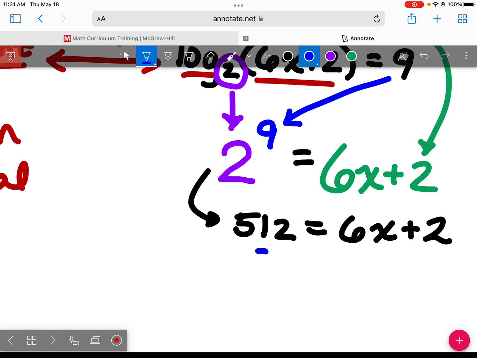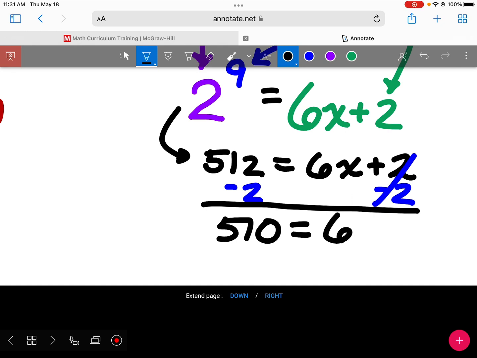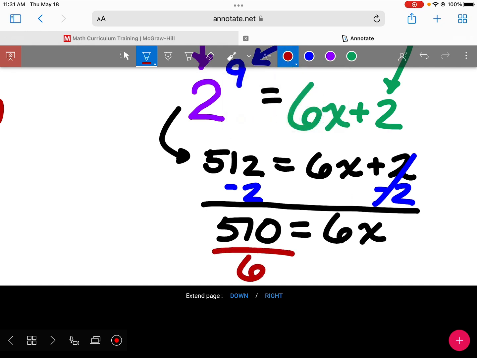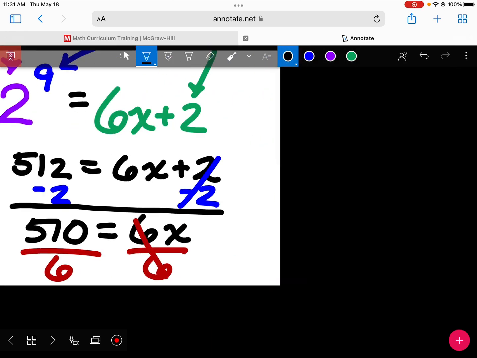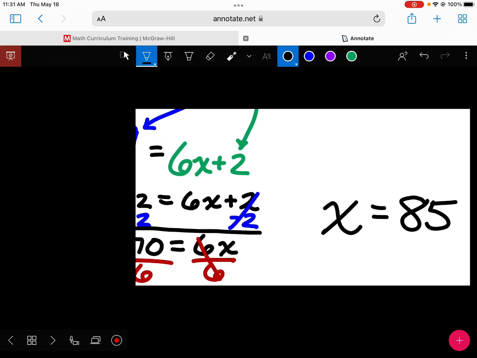What is 512 minus 2? 510 equals 6x. What do I still need to do? Divide both sides by 6. What is 510 divided by 6? X equals 85.